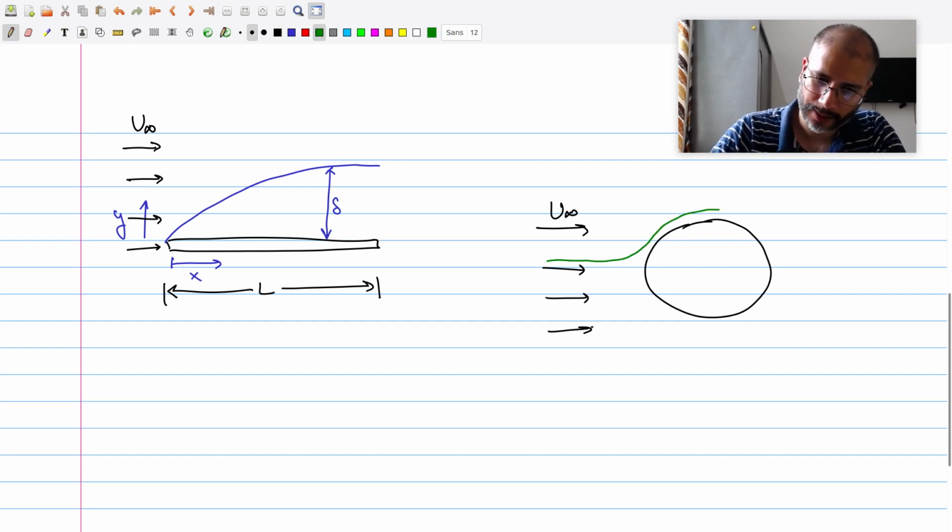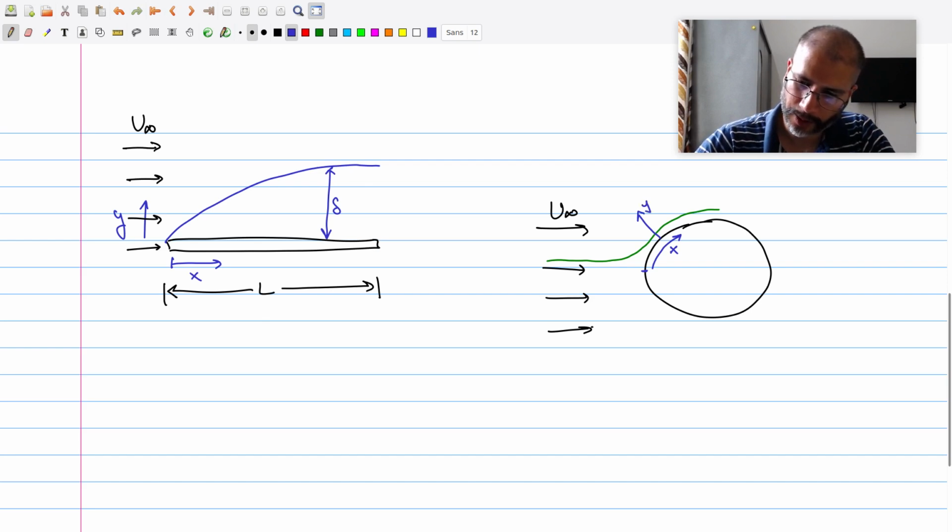So, we will take the x coordinate as the arc length like this, and the y coordinate in such kind of a curved geometry becomes the normal coordinate. So, you can draw normal like this. So, depending on where you are talking about, it will be the normal coordinate. Okay, so, the y is always normal to the surface.